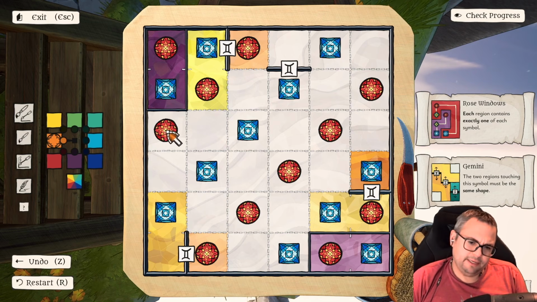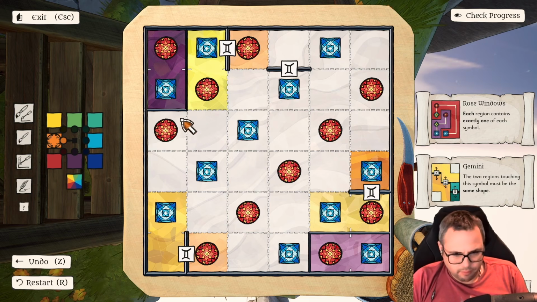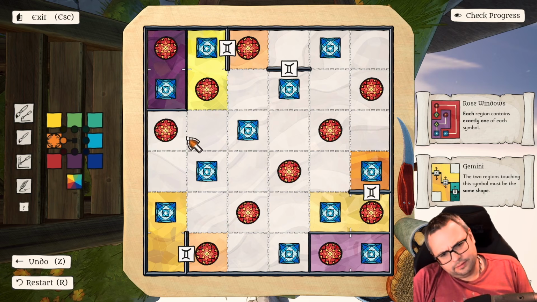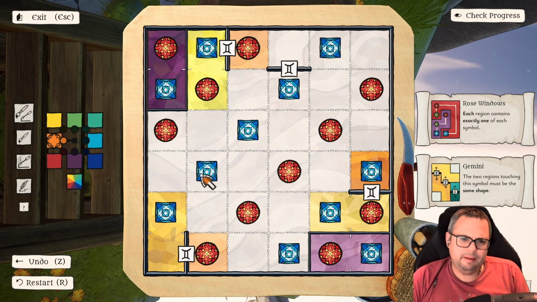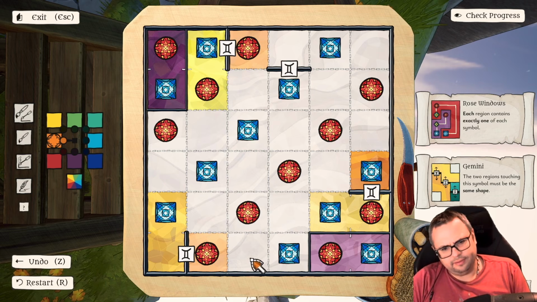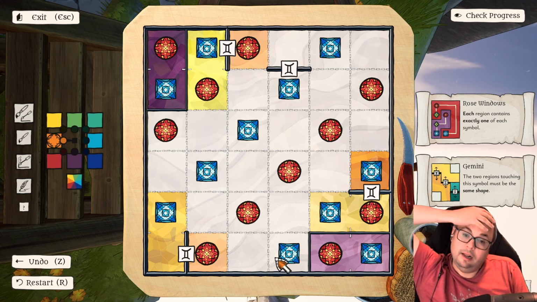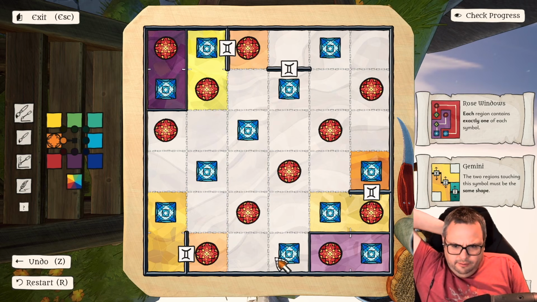Can yellow possibly take this red? The problem with that... Oh, no, maybe that's not a problem. Maybe that would just make orange go vertically like this, and it would be fine. Might be fine.